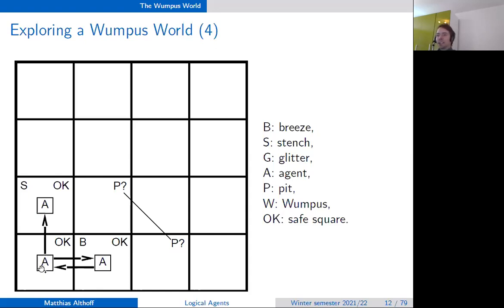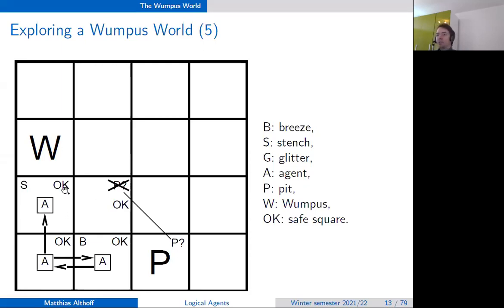We start with 1 here, but 0,2 would be this one, yes. So the Wumpus has to be here, because potentially the Wumpus could be here or here, but if the Wumpus had been here, we would already have smelled the stench here. So then the Wumpus can only be in this square.